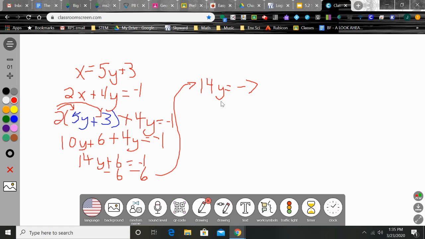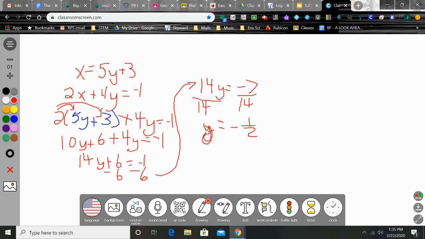All right, so now 14y equals -7. So to find what y is, I need to divide by 14. So this leaves me with y here. And -7 divided by 14 is -1/2. Okay, so I know that y is -1/2.